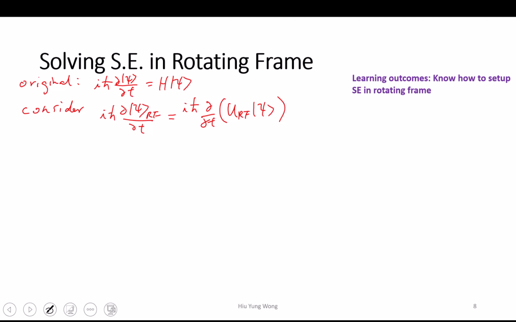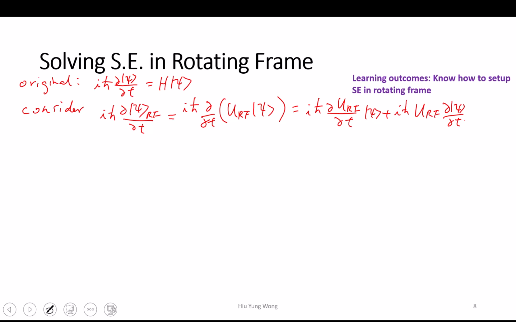It has e to the power negative i omega L divided by 2 t, right? So you just use the differentiation law: i h bar partial U RF partial t, and then the whole thing applied to psi, plus i h bar U RF partial psi partial t. Okay?